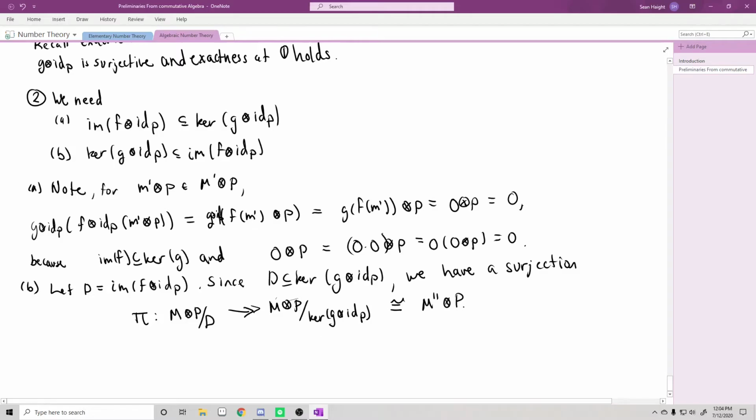So the kernel of pi is going to be essentially this guy, the kernel of G tensor IDP plus D, as a submodule of this quotient.